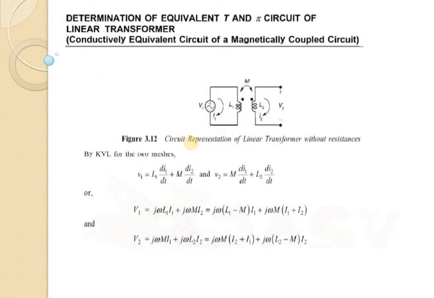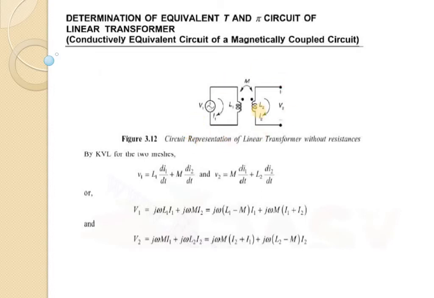For doing the numericals, we have to understand some basic circuit phenomena or basic transformations for easier calculation of a circuit. Among those, this topic is related: determination of the equivalent T and pi circuit of a linear transformer, the conductively equivalent circuit of a magnetically coupled circuit.